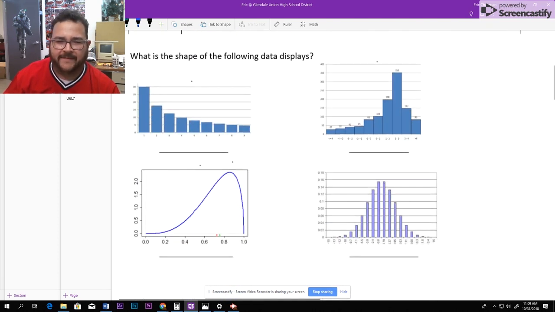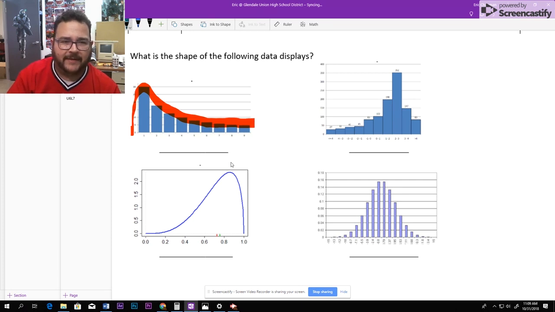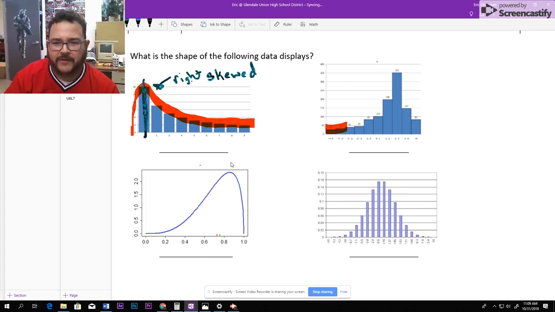So let's take a look at identifying some shapes. Here we have this one. We have our peak, and we draw a line down from our peak. The tail is on the right, so this is right skewed. All right, let's take a look at this one. We're going to draw on our shape.